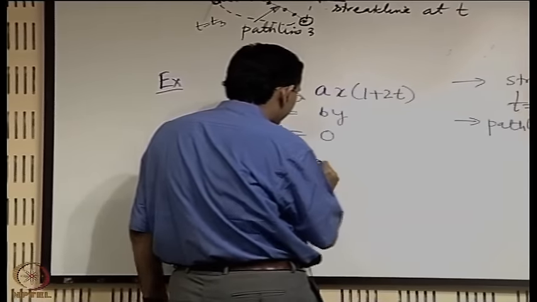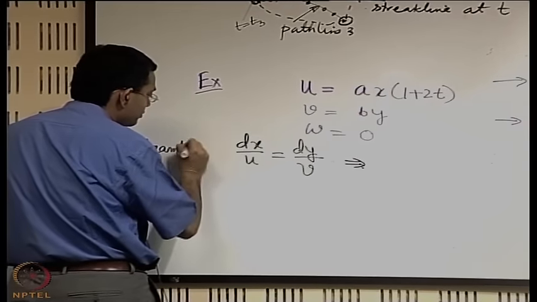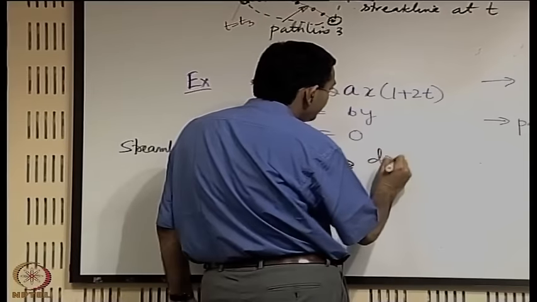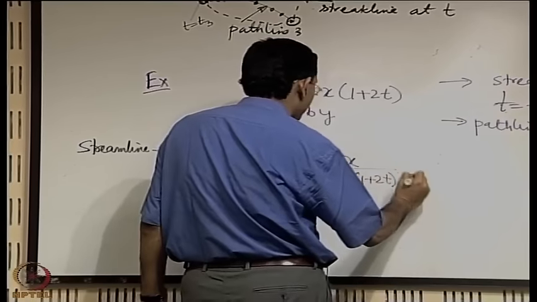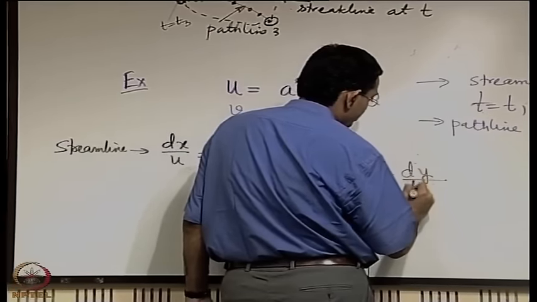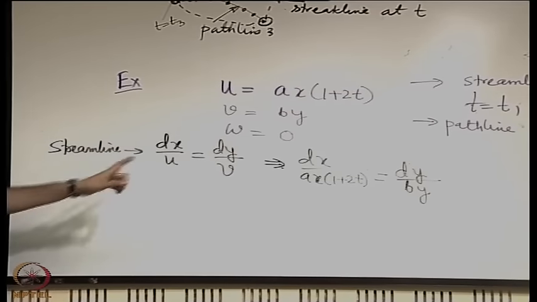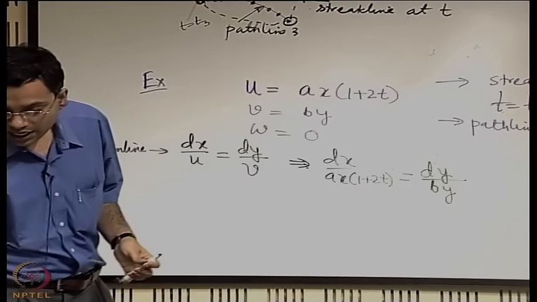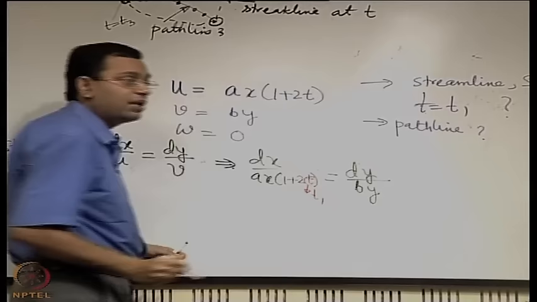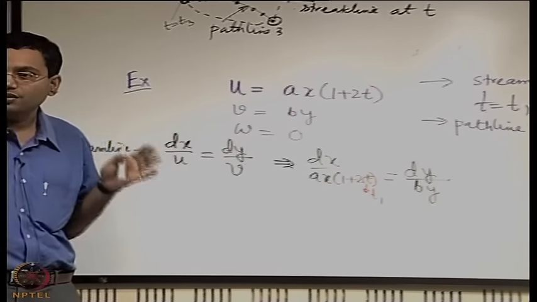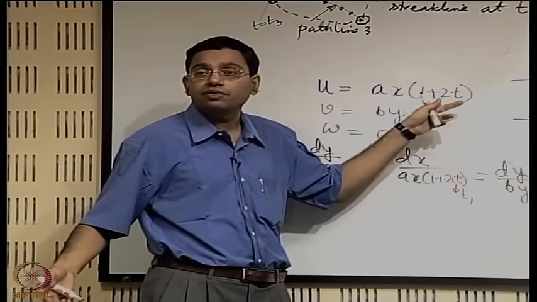So we are talking about the streamline first: dx by ax into (1 plus 2t) is equal to dy by by. At what time are we focusing our attention? At time equal to t1, so you replace this t with t1. When you are considering a streamline, you are freezing the time at the instant that you are considering. It is clearly an unsteady flow, so at different times you will get different streamlines.